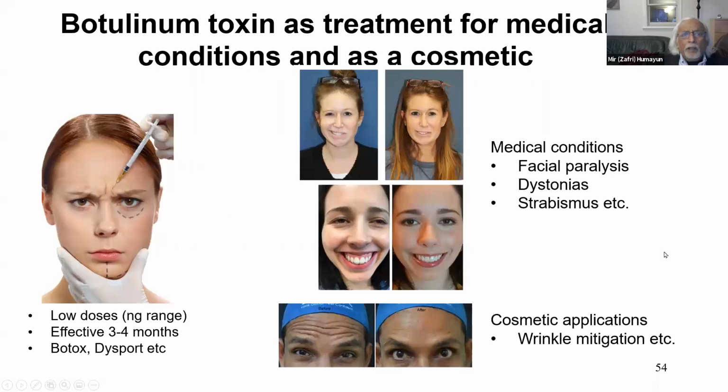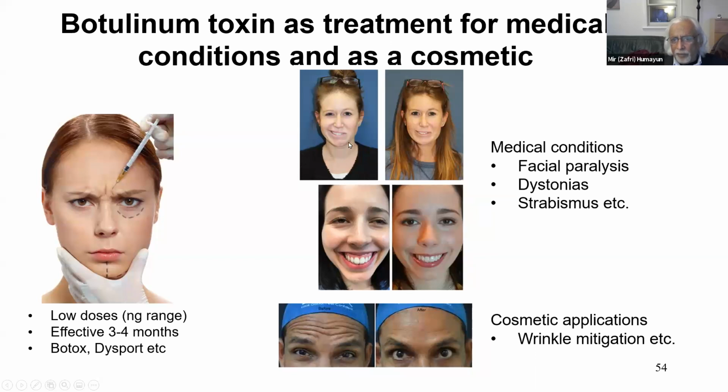Now, botulinum toxin, about 4 decades ago, was approved as a treatment initially for medical conditions, but later it became commonly used as a cosmetic. Originally, it was approved for treating specific medical conditions, for example, facial paralysis.